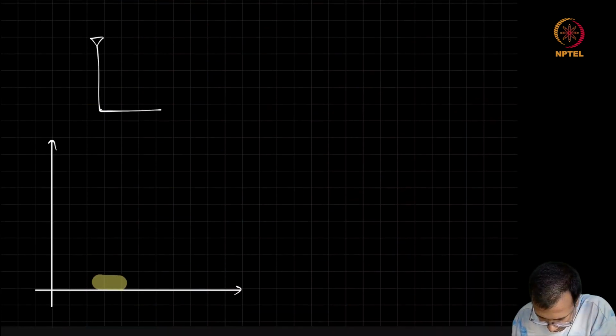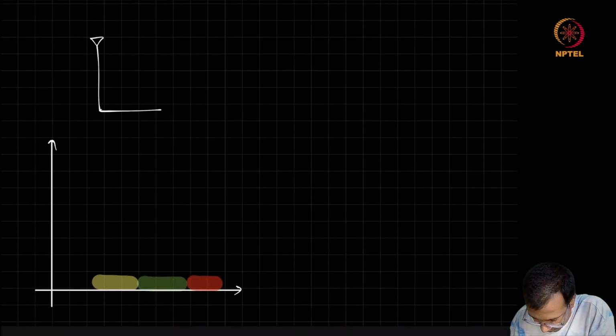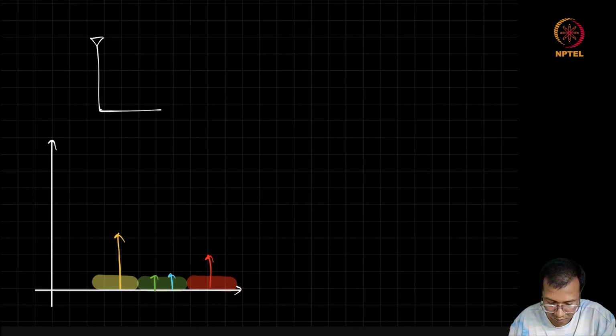So if we look at the picture carefully, we will realize that depending on where the signals are, the amount of relative strength those signals can have will also vary. For example, a signal which is in a different band can have much different power compared to the signals which are in the same band.